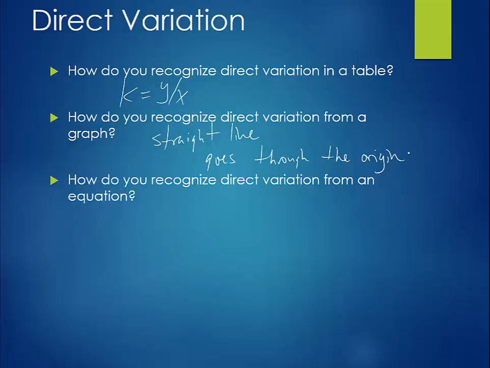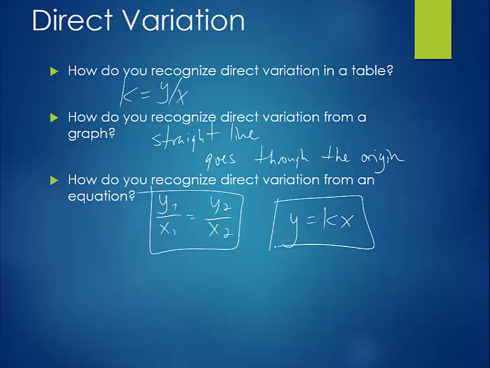Well, what does a direct variation equation look like? There are two equations that I want y'all to give me. That's going to be y1 divided by x1 equals y2 divided by x2, or y equals k times x. Those are the two equations that help you decide when an equation is direct variation.